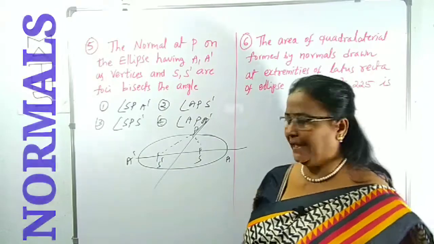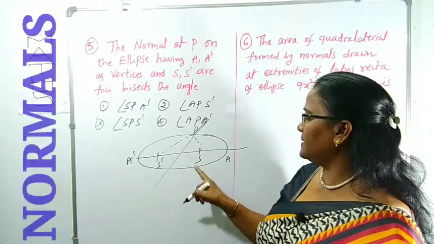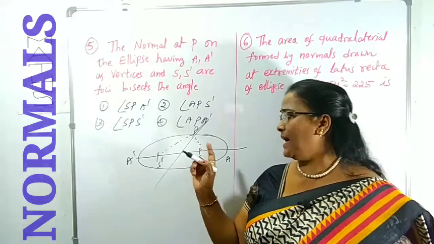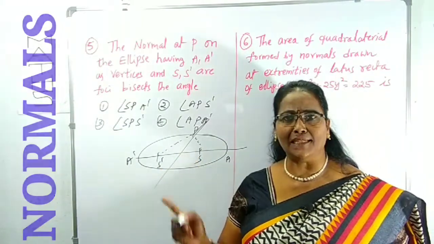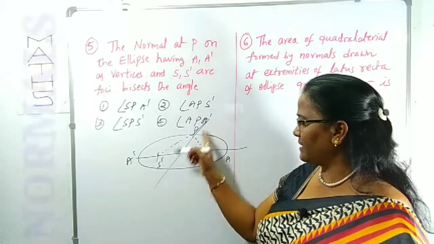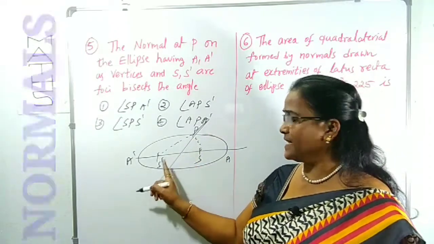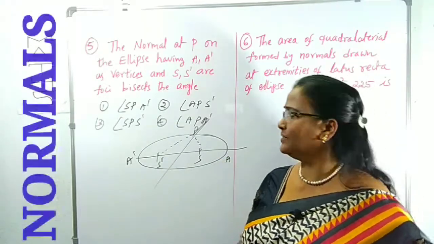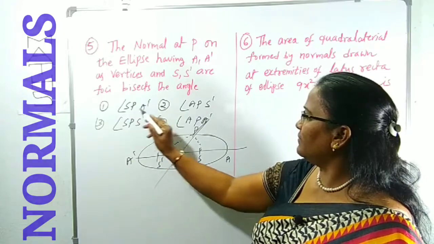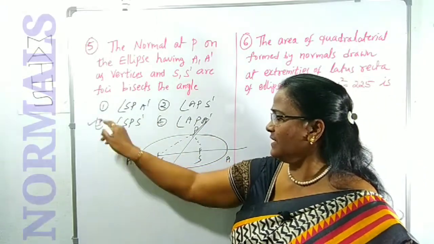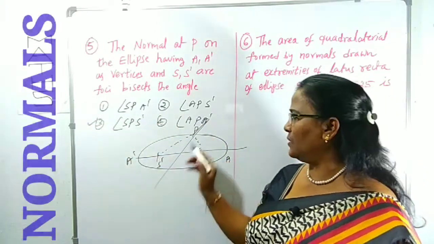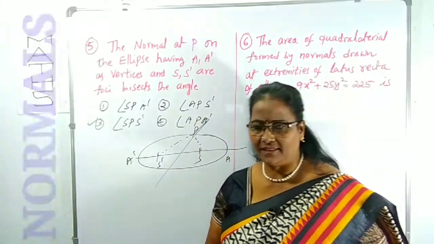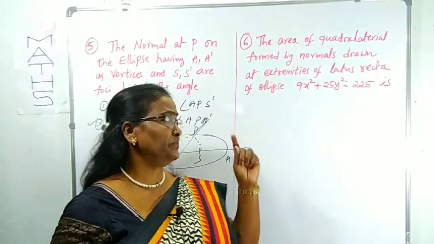It is clearly angle SPS dash, bisecting it internally, not externally. Is it clear? If you draw the figure, that's enough. Which option is this? Yes, it is clearly the third option. You have to know the given data, and according to the data you can draw the figure. Now we can come to the next question.